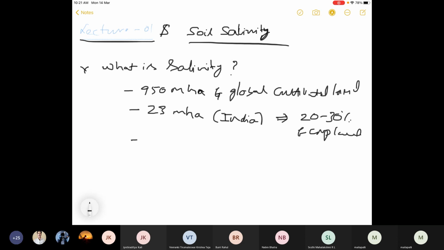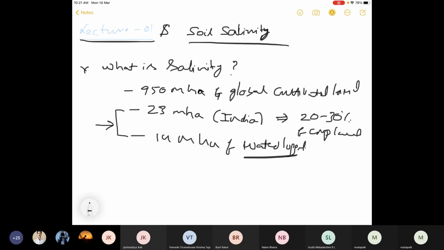And again, there are 14 million hectares of cultivated lands that are waterlogged. So these two are really the main issues: one is salinity and the other is waterlogging. These definitely hamper crop production or crop growth.